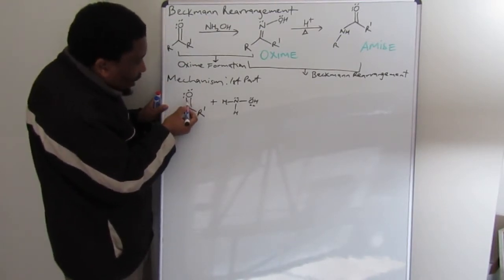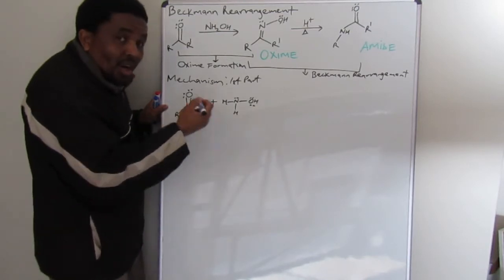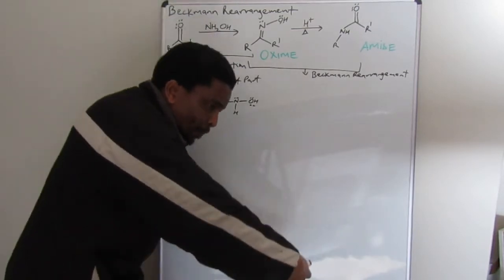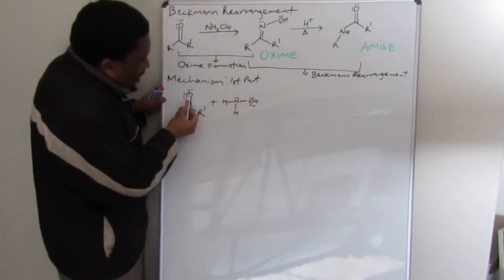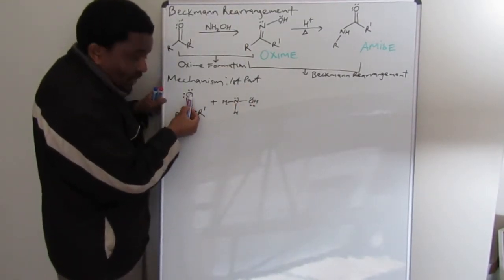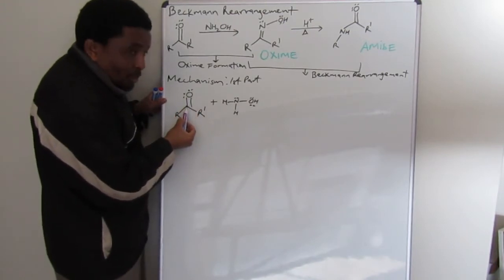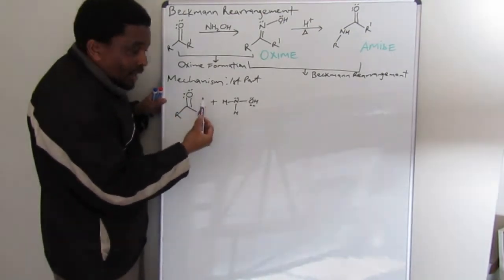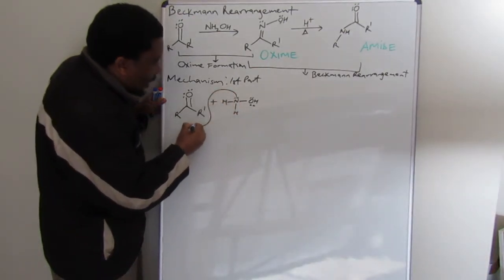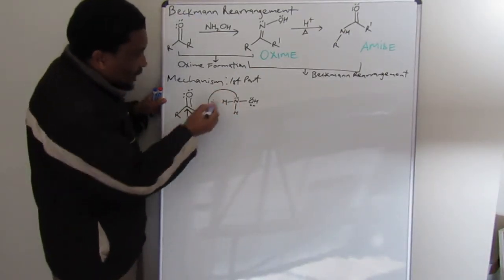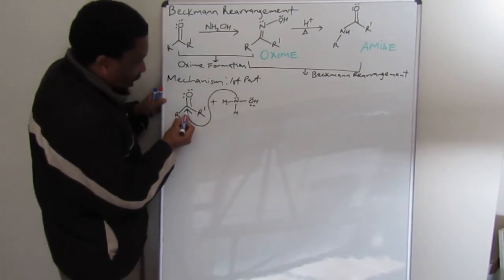Oxygen is much more electronegative than carbon, and therefore it pulls the electron density towards itself, and thus it becomes nucleophilic, whilst the carbon atom remains electrophilic, meaning that it can easily be attacked by a nucleophile. So this is where the nucleophile is going to attack.